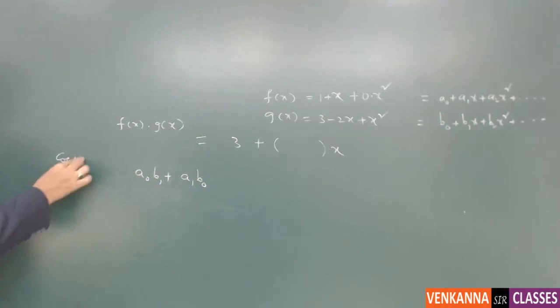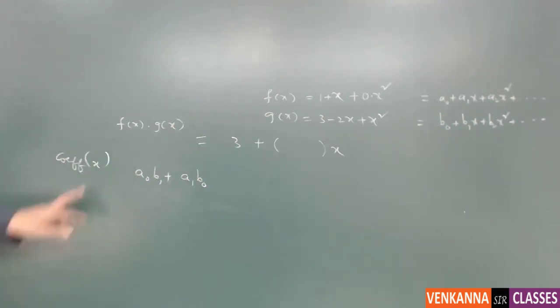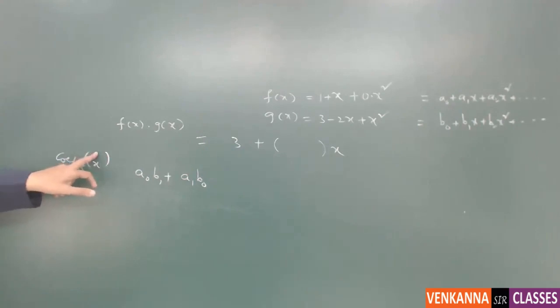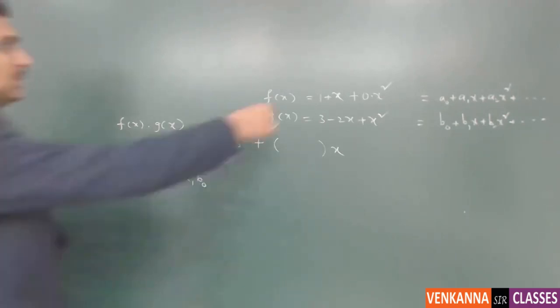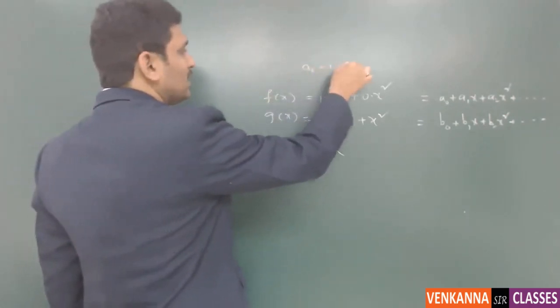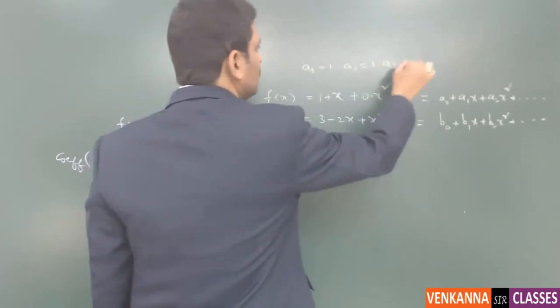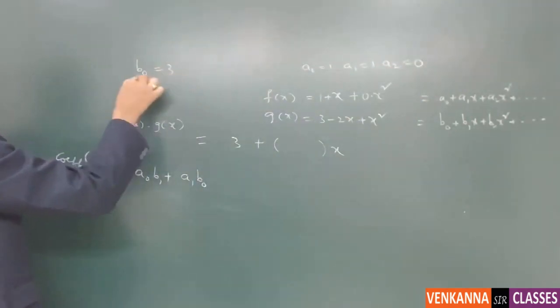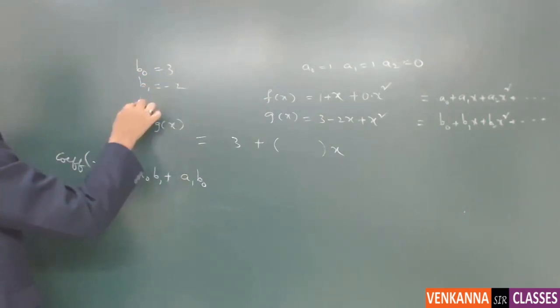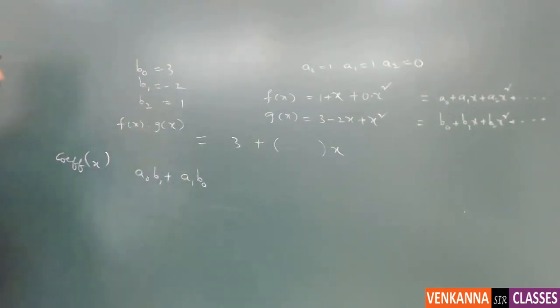How have I confirmed that? Here the power of x is 1. If you add the suffixes, 1 will come. So here a0 is equal to 1, a1 is equal to 1, a2 is equal to 0. From the second polynomial, b0 is equal to 3, b1 is equal to minus 2, b2 is equal to 1.